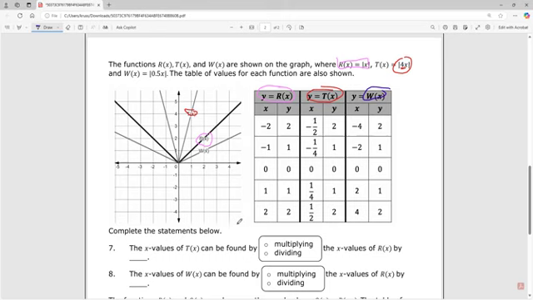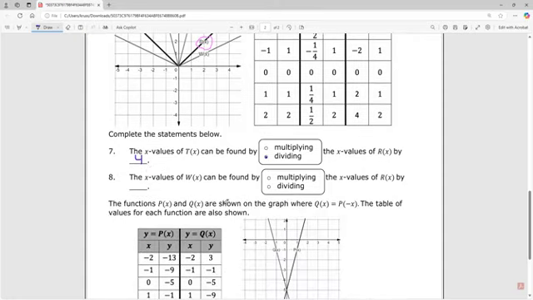Okay, so the x values can be found by dividing the x values of t sub x. Remember, r sub x is my parent function, so I can divide the x values by 4. Right, because I have the parent function. If I have the x values, it's a 4-to-1 ratio, so I'm going to divide by 4.